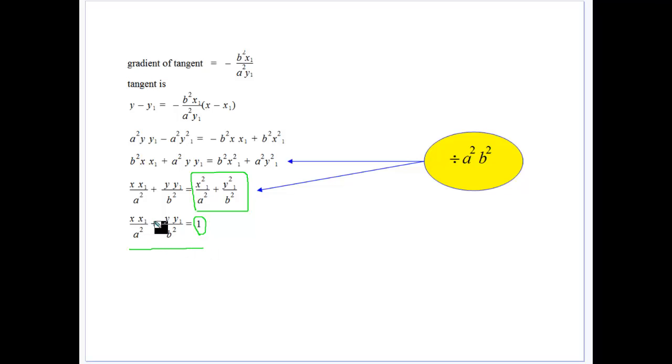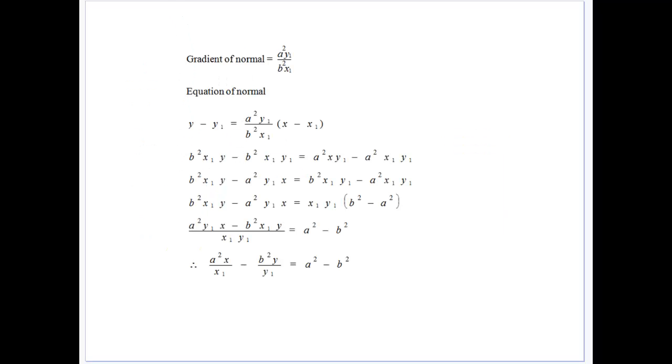Now notice, this is a straight line because it's just x and y. x1, y1, a squared, b squared are just numbers, and it's all equal to 1. There's your equation of your tangent. So we need to be able to determine that when we have some numbers thrown in there. So again, have a look at the algebra, see if there's any problems. But there's our little trick: divide by a squared, b squared, and realize that that can come down to 1 because it's just satisfying the equation of the ellipse.